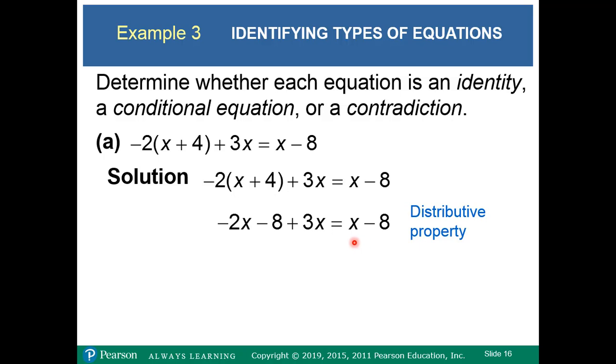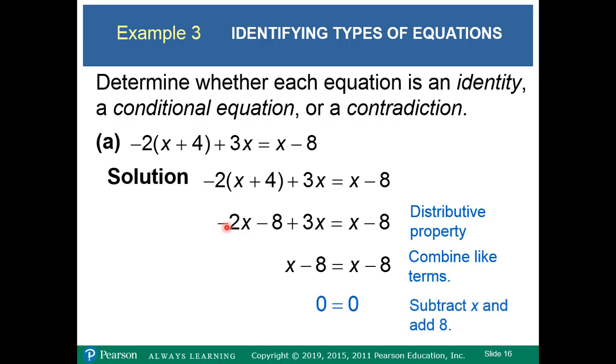Immediately we add like terms, the 3x and the -2x. 3 plus a -2 is what? Just x. And so we get x minus 8 equals x minus 8. And so this would be what? An identity, because we get 0 equals 0, and it's always true.